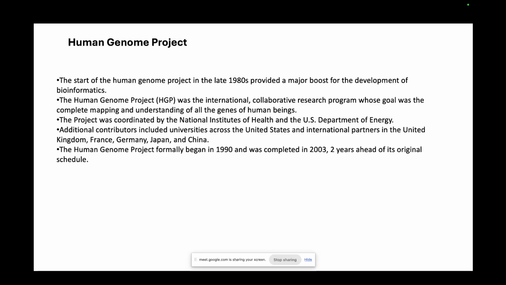The plan was drafted in the 1980s, and the project started around 1990. The deadline was 15 years, but it took around 13 years to complete, 2 years ahead of schedule. During the course of the project, new sequencing technologies came along, and that helped fast track the process.